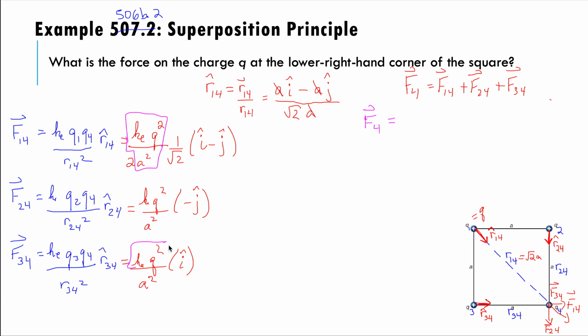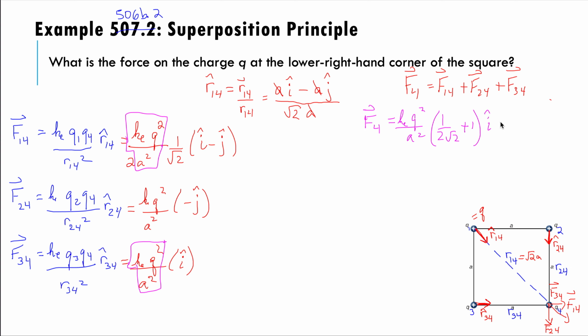All of the components have this in common, so we can factor it out. k q squared over a squared times 1 over 2 square root of 2. That is the i component of F14. And then for the F34 component, it's just going to be plus 1. This is going to be in the i hat direction.